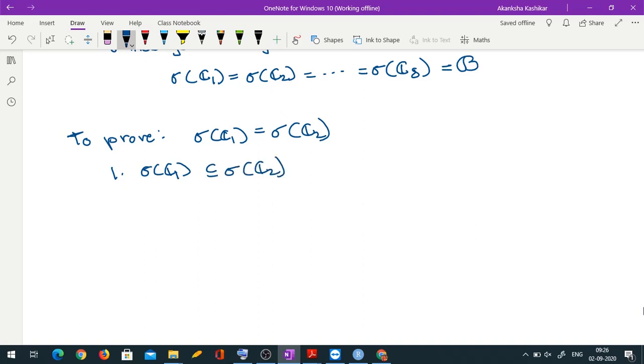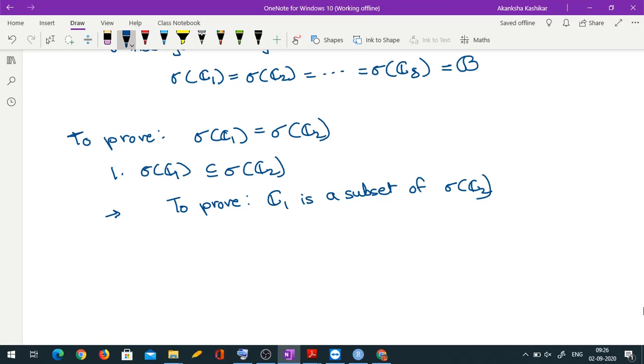What does it mean? It means that if I take any set from sigma C1, it should be in sigma C2. So for that, first we will try to prove C1 is a subset of sigma C2.